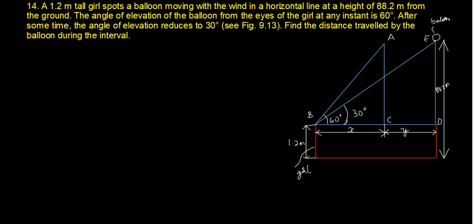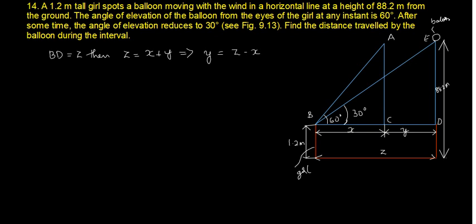To find CD, I have mentioned CD as y, and let the total BD be equal to Z, then Z will be equal to X plus Y according to the figure. We need to find Y in this case. Y will be equal to Z minus X. So if you find Z, Z is the total distance.